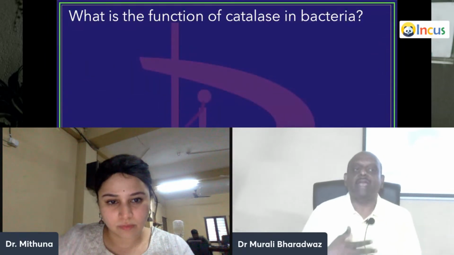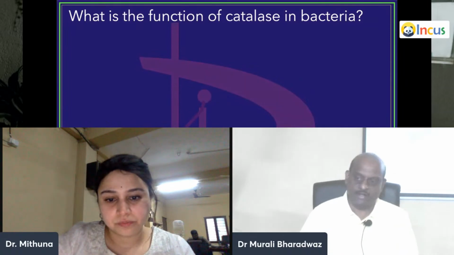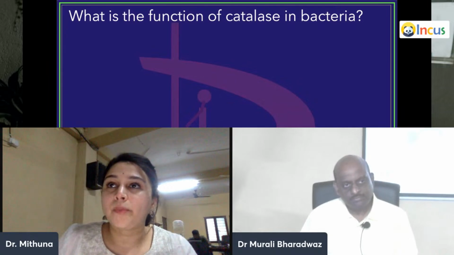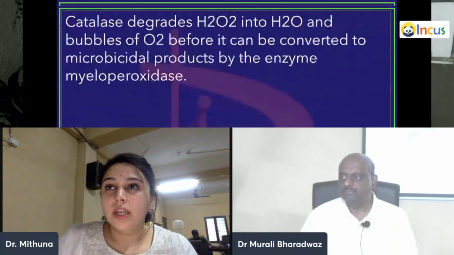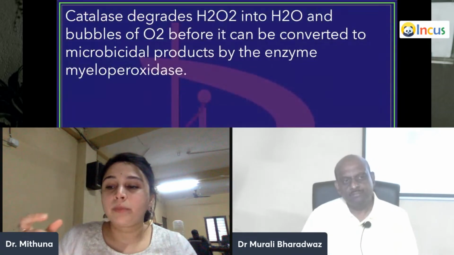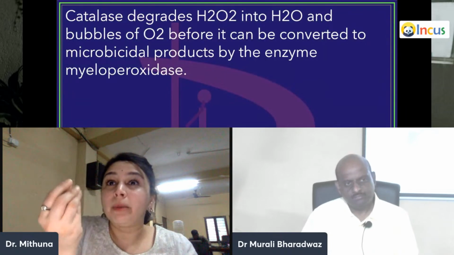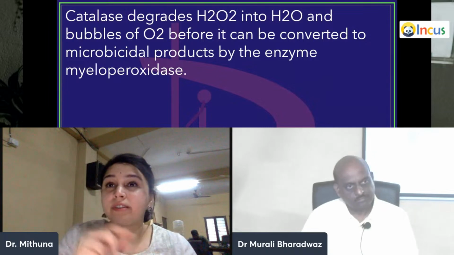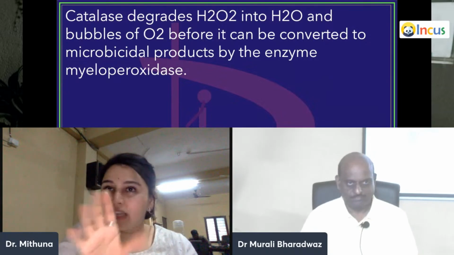What is the function of catalase in the bacteria? If there are catalase positive organisms, if you see in the picture, over the slide, it produces bubbling. That is catalase positive, and for urease, positive is you see pink color, negative is yellow.